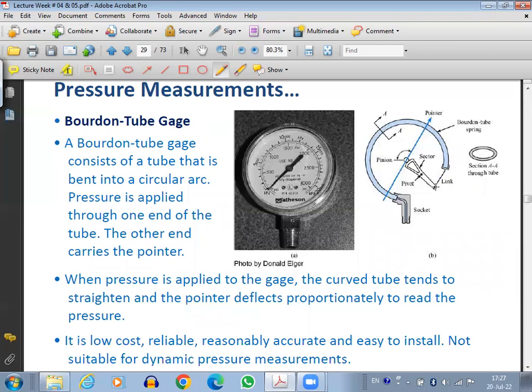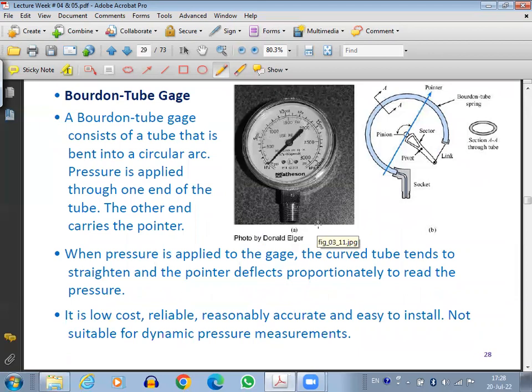And with the change in the curvature, it is connected with the pointer. The pointer moves and it gives you the reading of how much pressure the gas connected to this Bourdon gauge has. Okay, so that's basically mechanical, but it's not very accurate. But it's low cost, reliable, reasonably accurate. Whenever I say reasonably accurate, it means it's not very accurate, but you can use it on a reasonable scale.